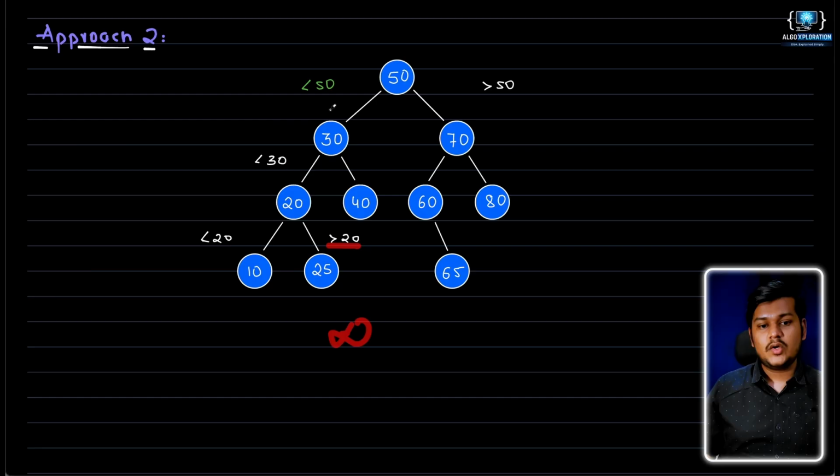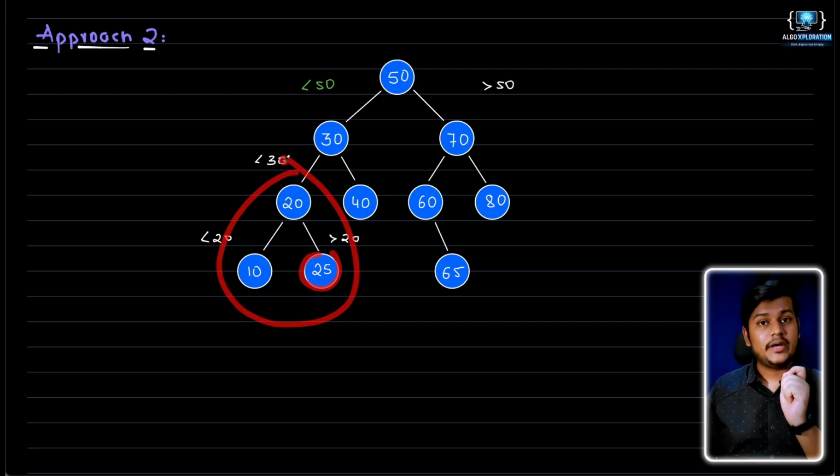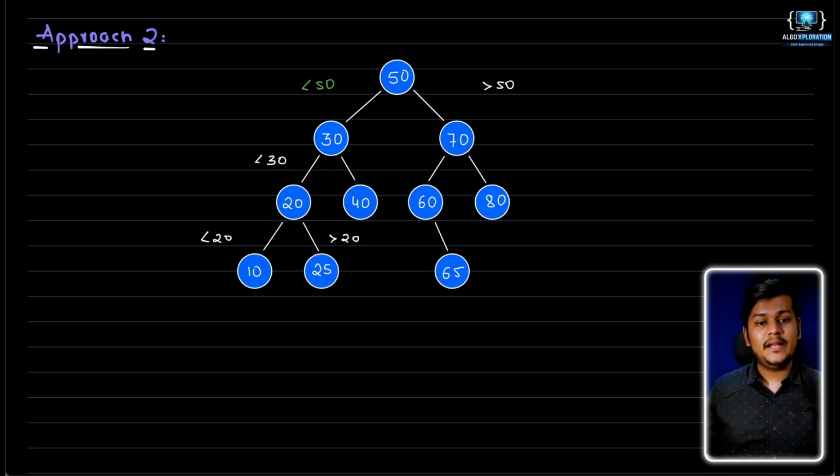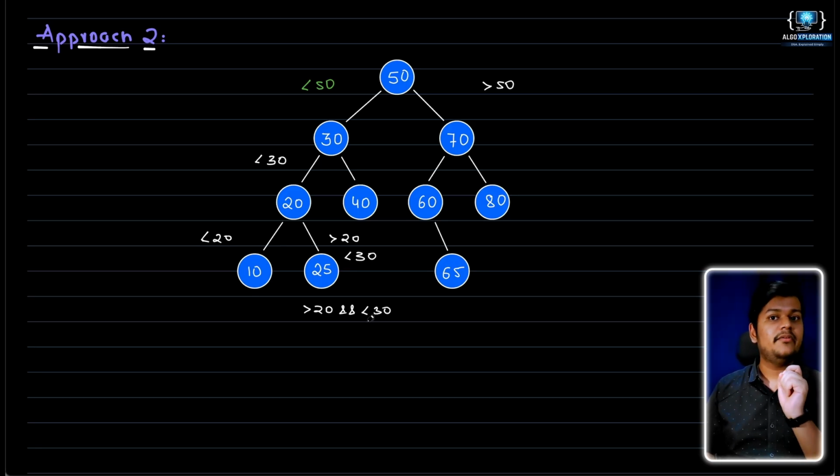No. See guys, over here 25 is lying on the left hand side of 30. So it means that it should be lesser than 30. So if I combine these two, the value should be greater than 20 and lesser than 30. I believe that you got it.